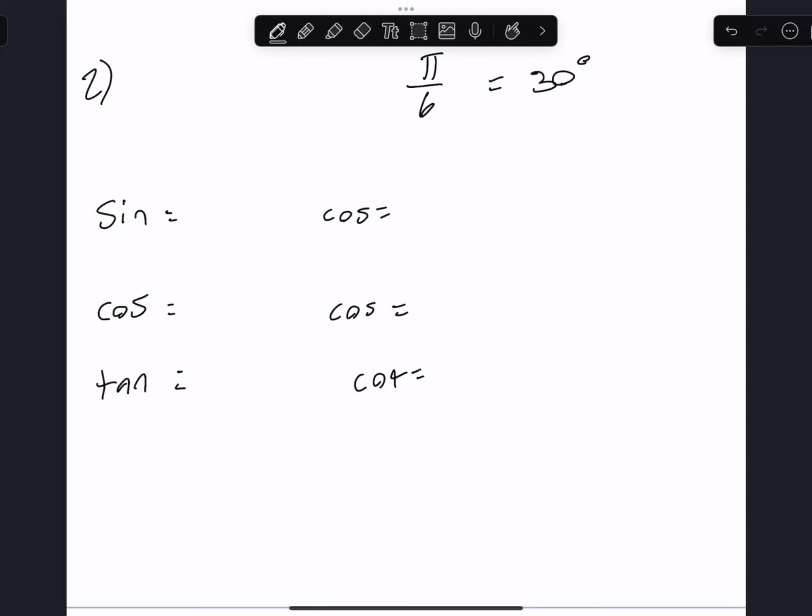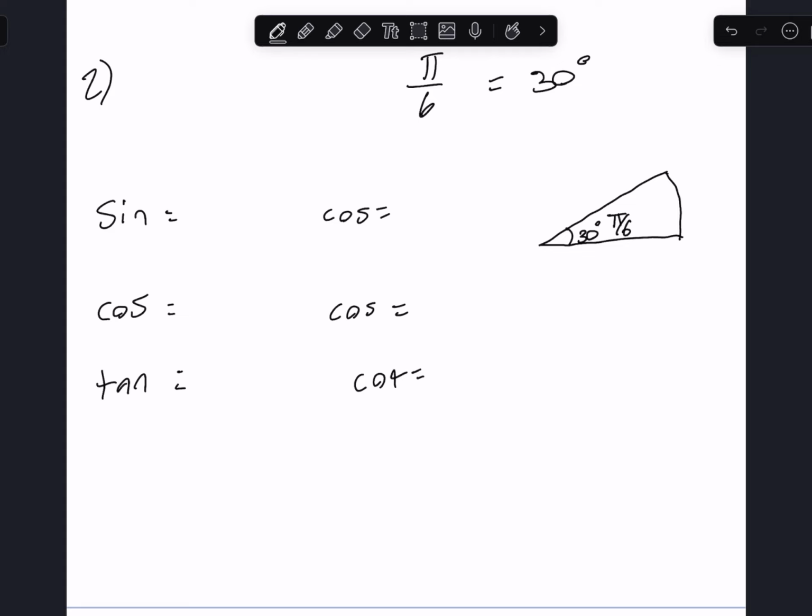Now, pi over 6 is also equivalent to 30 degrees. So if we draw our angle like so, just like that. Right here would be 30 degrees, or in other words, pi over 6.